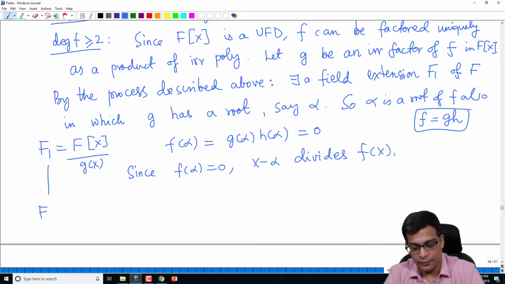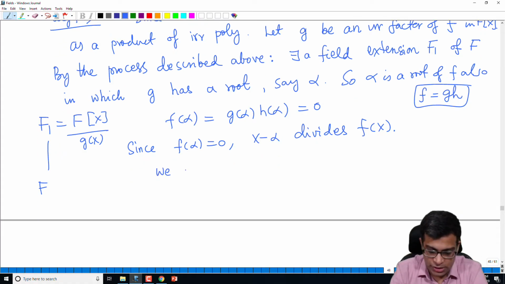If f of alpha is 0, that means alpha is a root of the polynomial, that means x minus alpha is a factor of f(x), because you can always divide by x minus alpha and the remainder is a constant, since x minus alpha has degree 1. But when you plug in alpha, f of alpha becomes 0, x minus alpha becomes 0, so the remainder is 0.